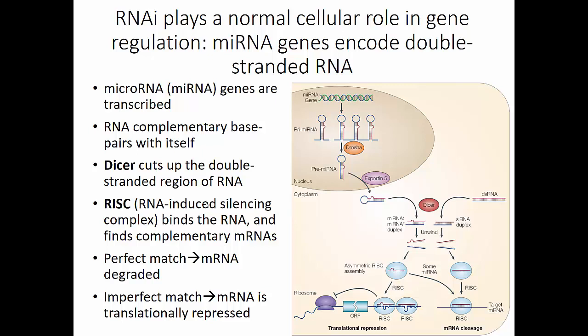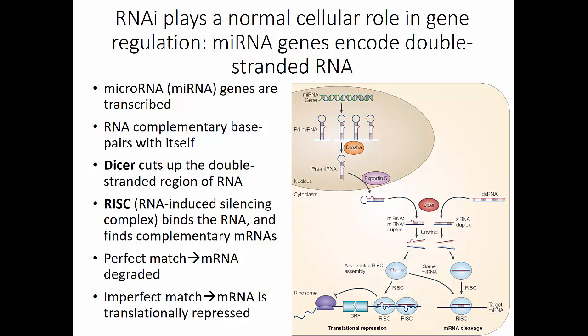Now, what was completely unexpected at this point was the discovery that this is actually a mechanism that cells use to regulate their own genes. So very soon it was discovered that there are actually genes encoded in the genome that are functional RNAs. So these are not protein coding genes. These are genes that simply code for an RNA.